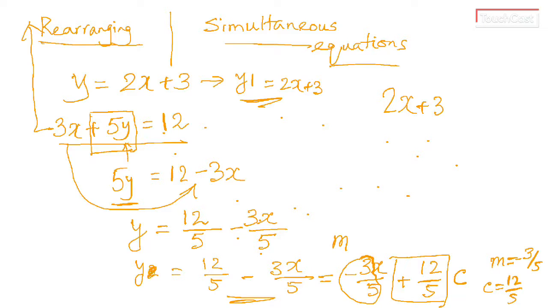Instead of calling it y2, just call it y. That will make sense. And we know this equals 12 over 5 minus 3x over 5. They are exactly equal because they are equal quantity, y and y.